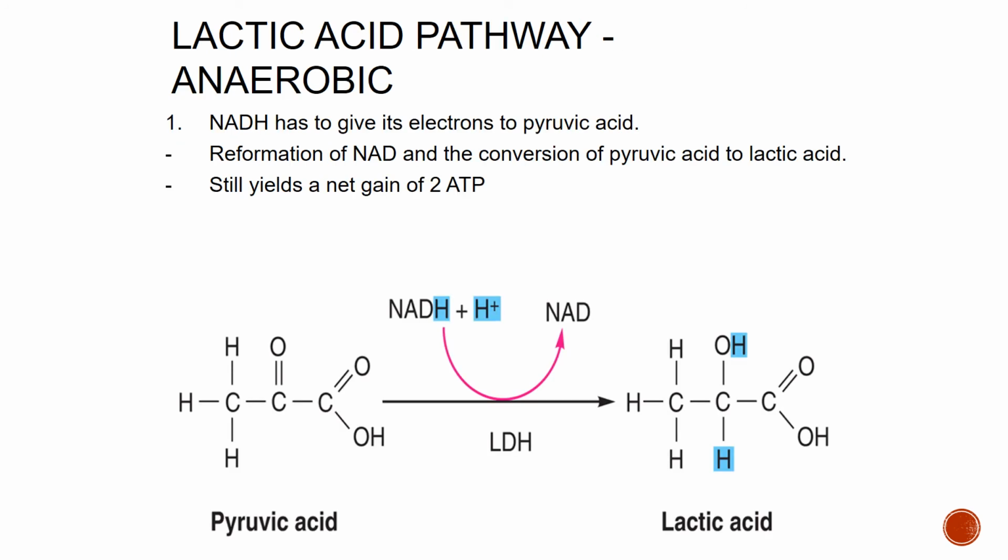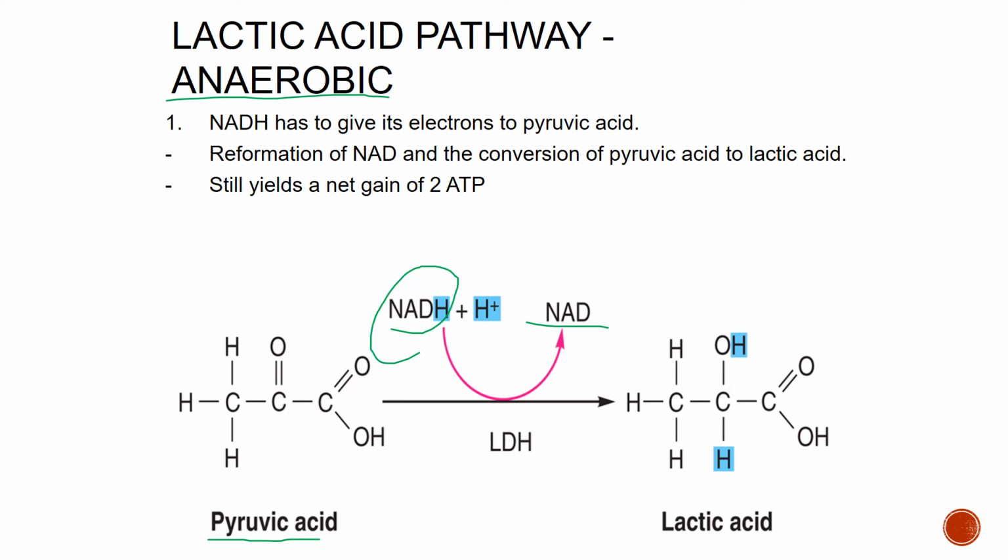When there is no oxygen to complete the breakdown of glucose, we undergo what is known as the lactic acid pathway. These still are considered anaerobic conditions because oxygen is not there. Instead, NADH is going to give its electrons to pyruvic acid, and NADH then becomes oxidized into NAD.